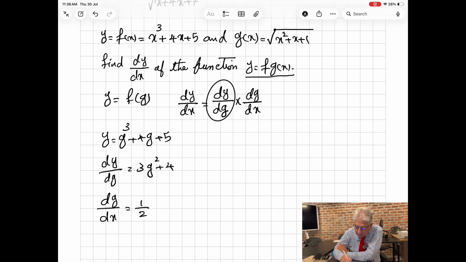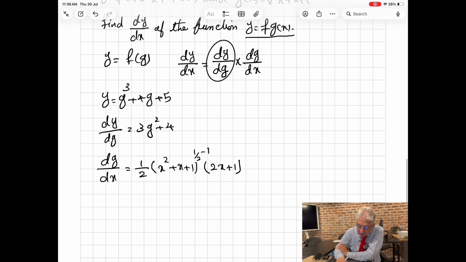Half comes down, (x squared plus x plus 1) to the power of half minus 1 times the derivative of the inside, which is 2x plus 1. If you simplify this, this is negative half, so it will be 2x plus 1 over 2 times the square root of x squared plus x plus 1.